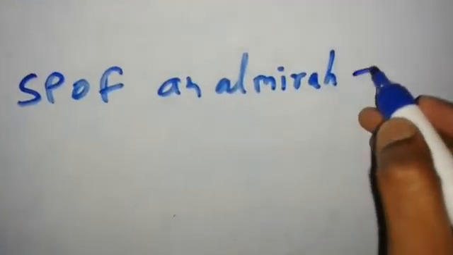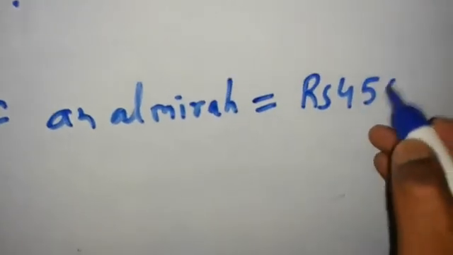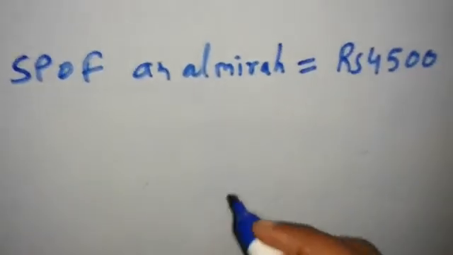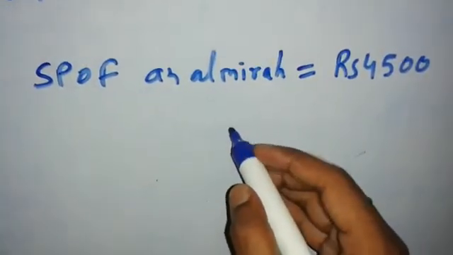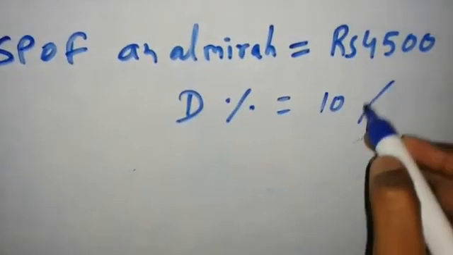As it is given, the SP of an almirah equals rupees 4,500, and the discount percent is given as 10%.